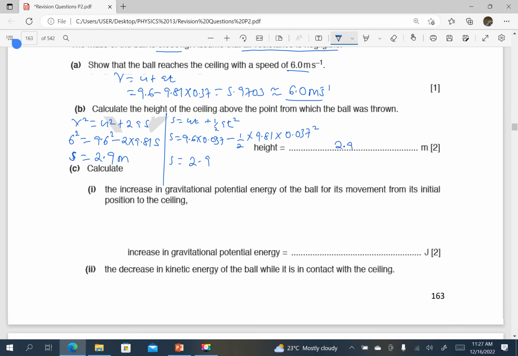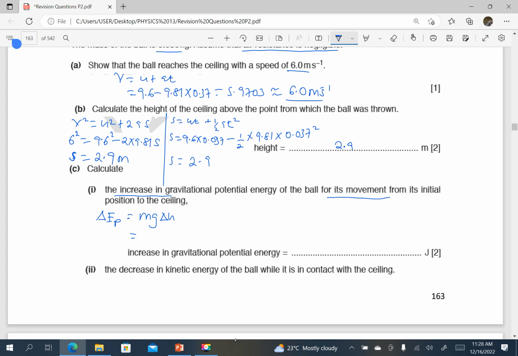Calculate the increase in gravitational potential energy of the ball for its movement from its initial position to the ceiling. So that is very easy. The increase in potential energy is going to be mg times the increase in the height h.